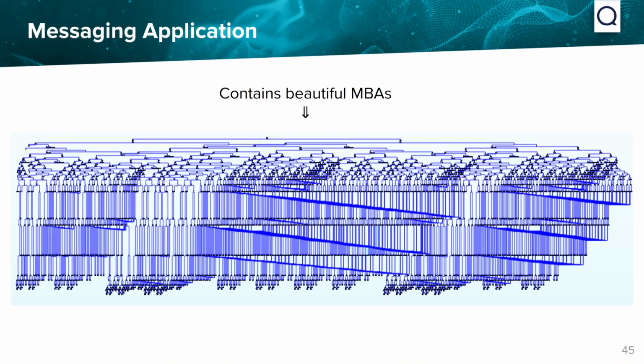And then the last use case that we've looked at is a messaging application used mostly by youngsters to send ephemeral messages. It does contain lots of MBAs. That's good for us, and we can try to deobfuscate them.